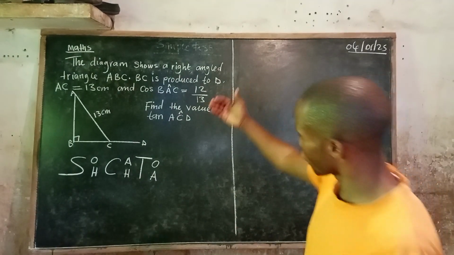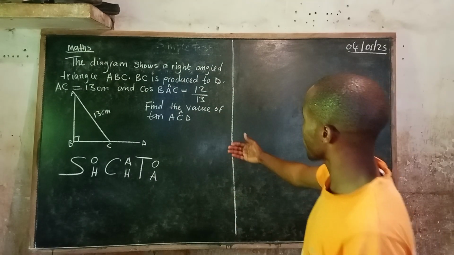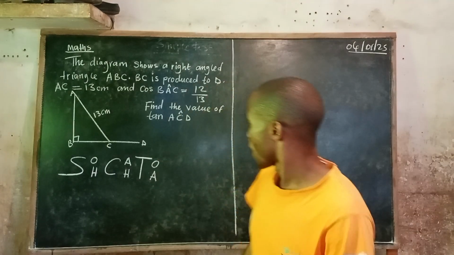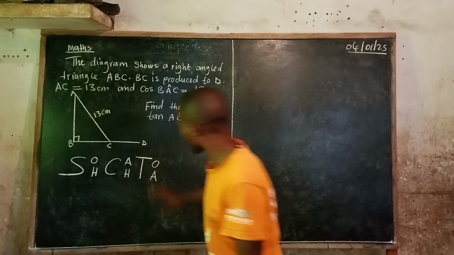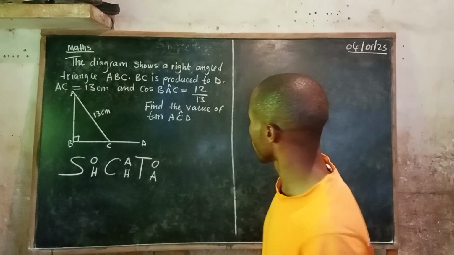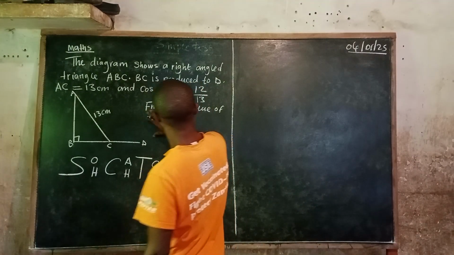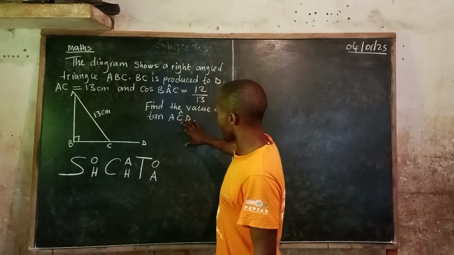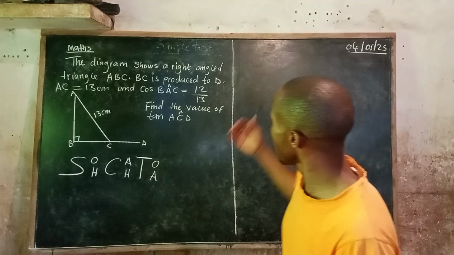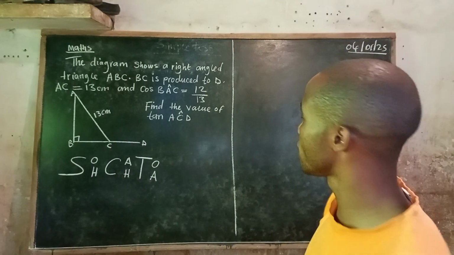Now, having introduced this, we get back to the question. What is it that they are looking for among these three that we have? There we have sine, cos, and tan. According to the question, they want us to find the value of tan ACD.